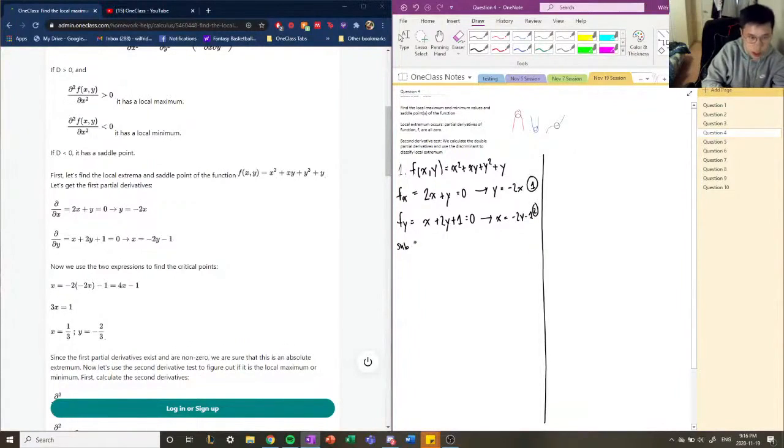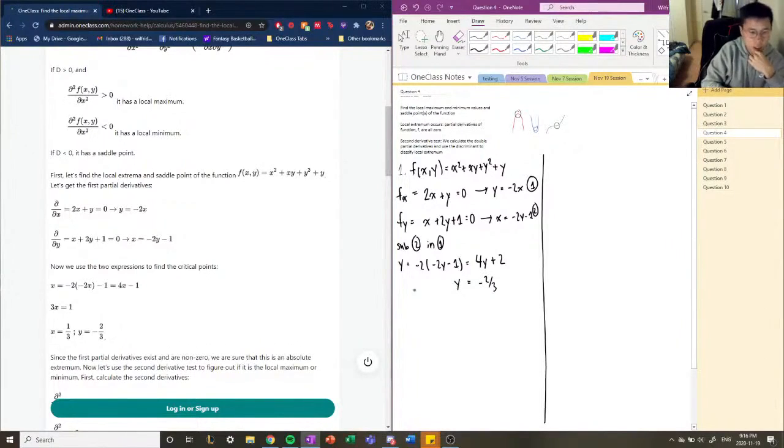So sub 2 into 1, and we get y equals negative 2 times negative 2y minus 1, and that equals 4y plus 2. Okay, we still have a y here, so this gives y equals negative 2 over 3.